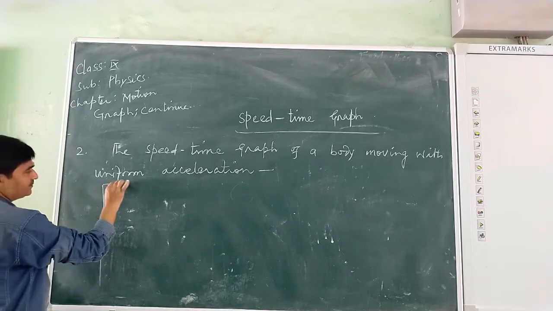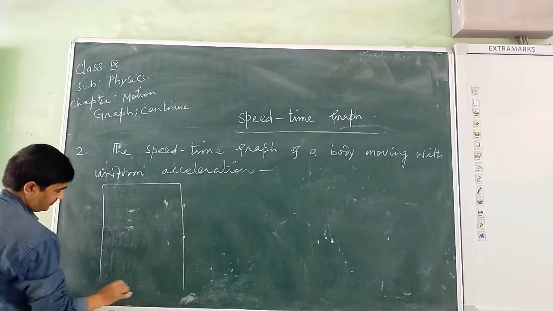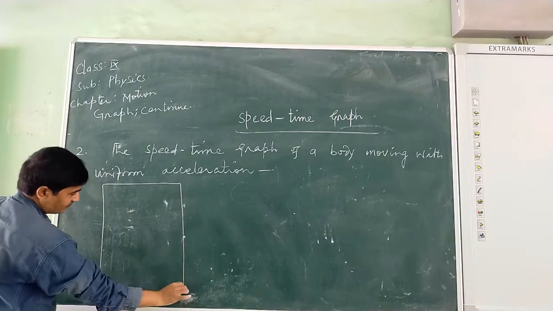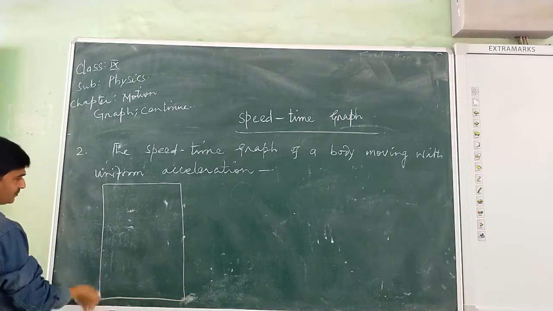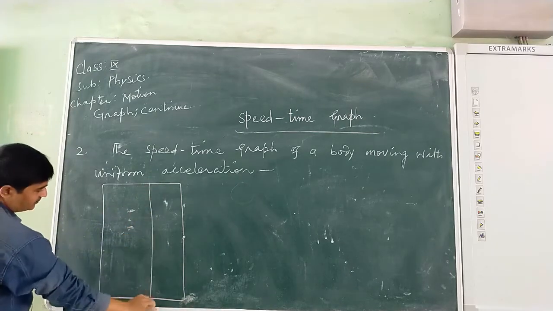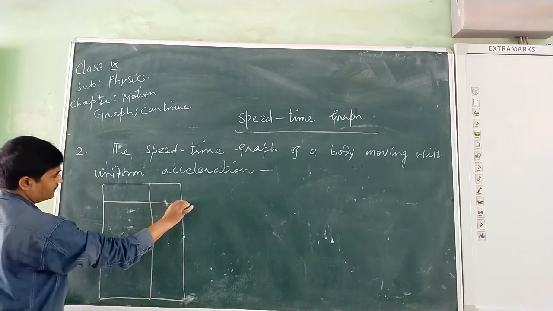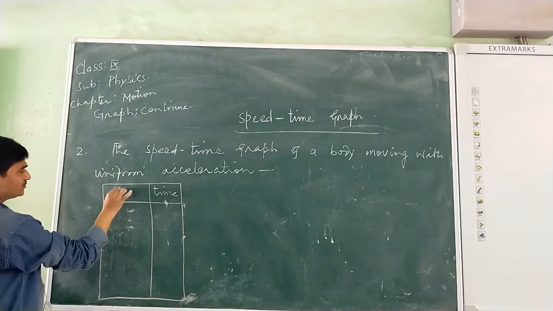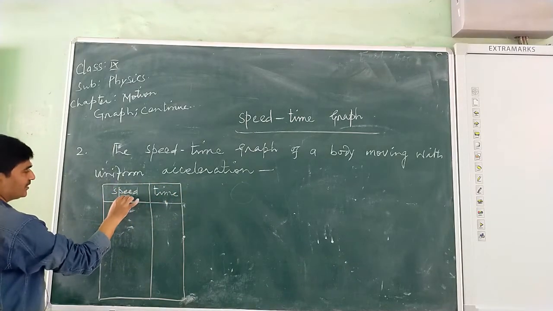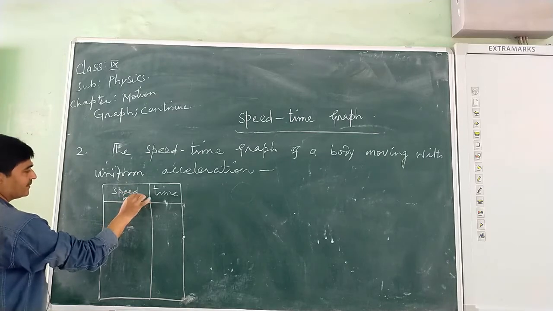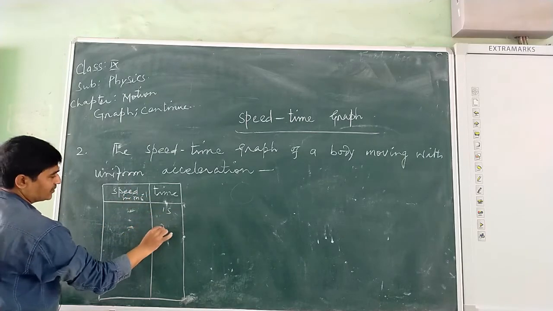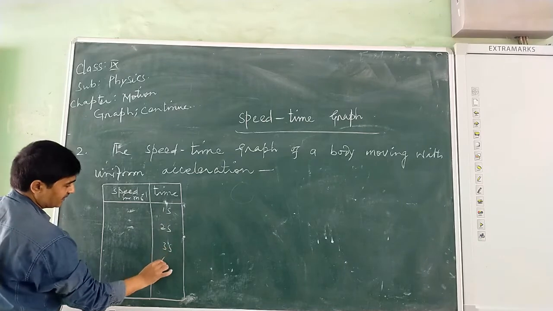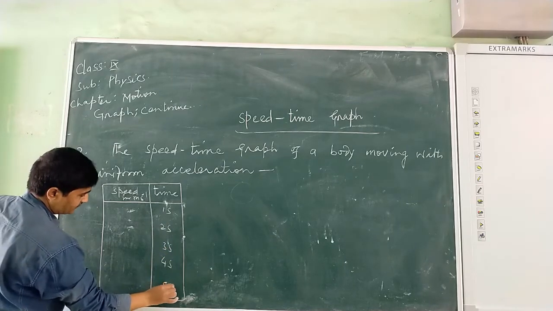Form a timetable. The timetable has two parts: time and speed in meter per second. 1 second, 2 seconds, 3 seconds, 4 seconds, 5 seconds.